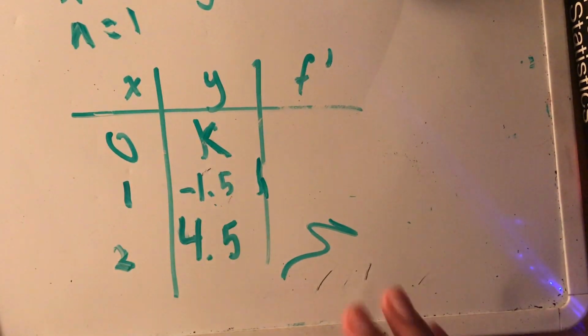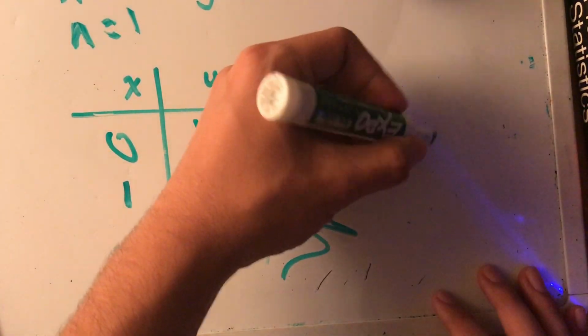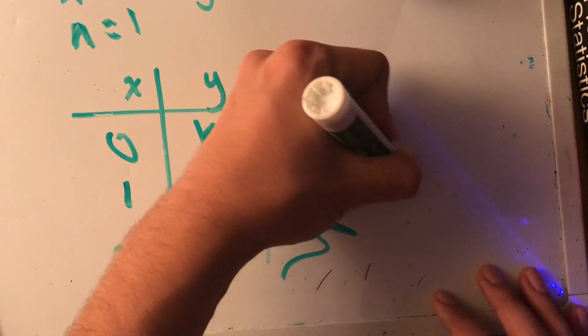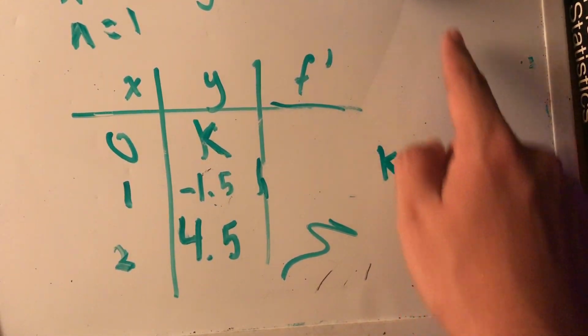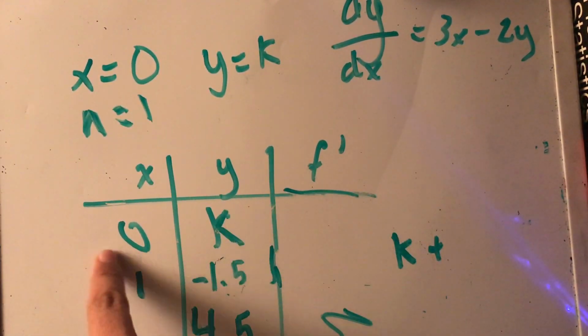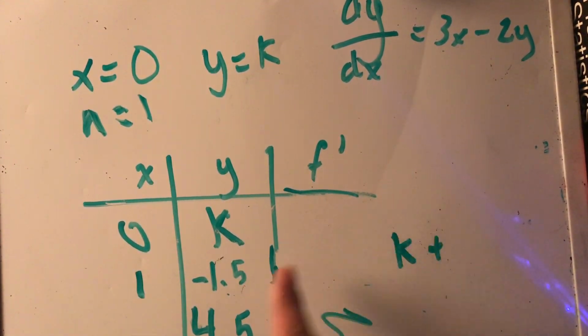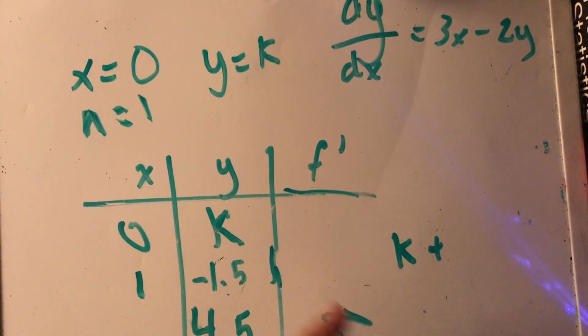Okay, and now we just do the exact same thing again, except for g of 0, we know that this value is k, cool, plus 1, because that's our step size, multiplied by 3x minus 2y. Well, what's our x value here? Our x value here is 0, so 3 times 0 minus 2y, in this case y is k, so basically it is equal to our new value.